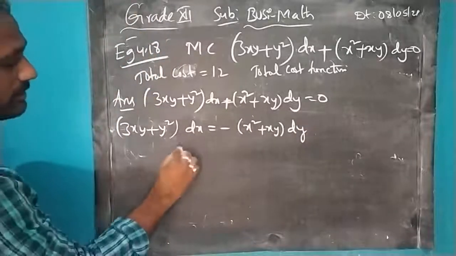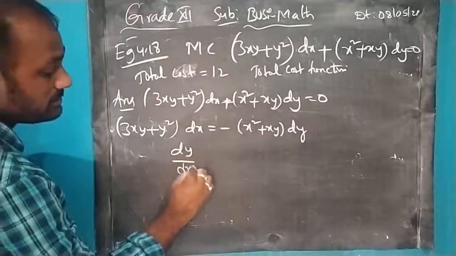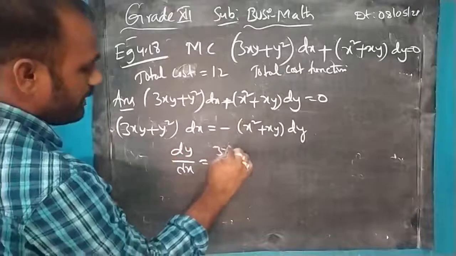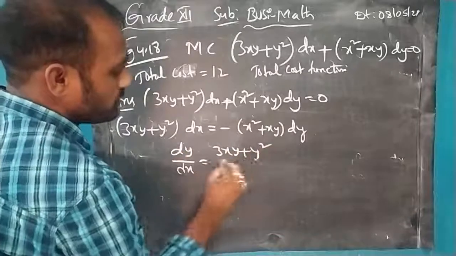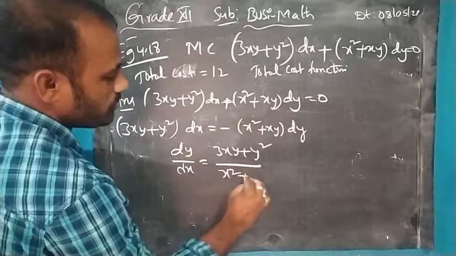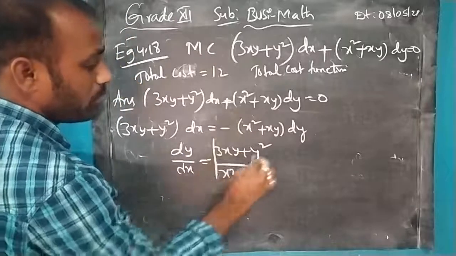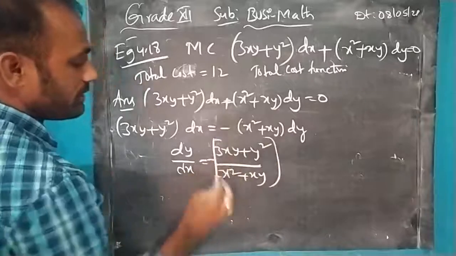We need dy by dx. So dy by dx is equal to (3xy plus y square) by (x square plus xy). Let me put minus in front, all together we can put it as minus.